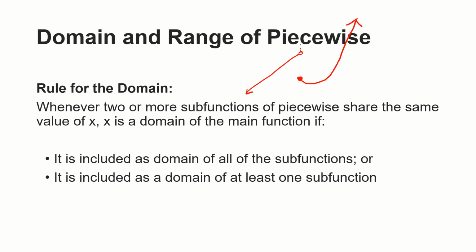Let's say that this is x is equal to 2, and this one here is y is equal to 5.